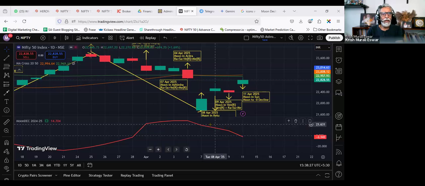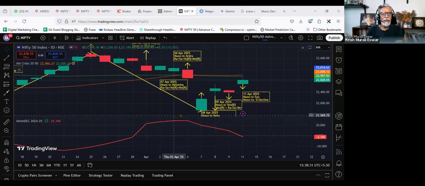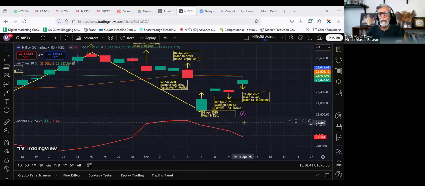Before that, it was 14.74. On 7th of April, 19.62. And on 4th of April, it was at the peak, around 28.505, and it started falling down from there. Now it will go all the way down to minus 28 degrees, and then again it will come back.